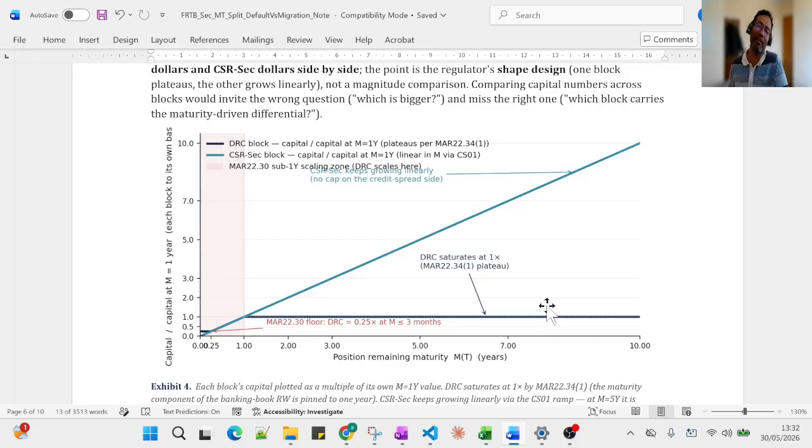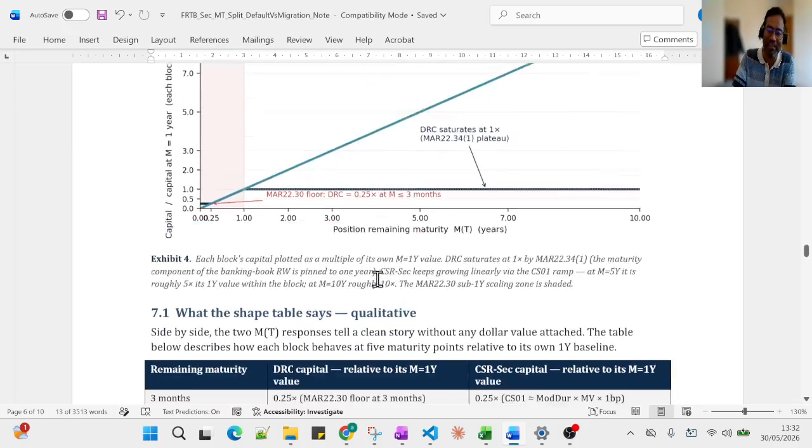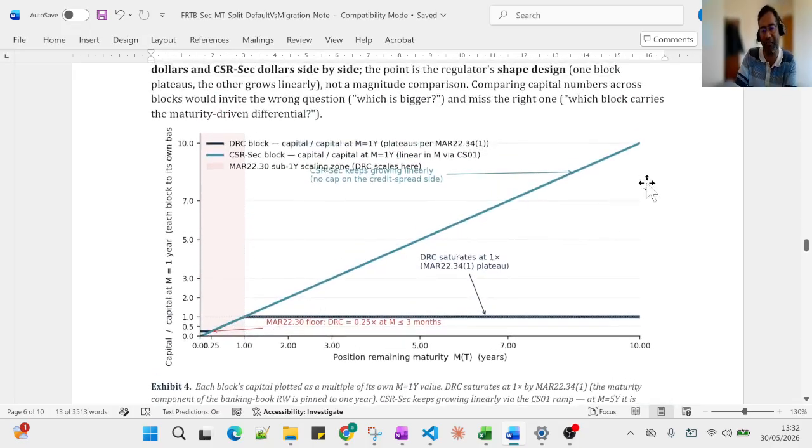Because of the maturity, if it is more than 1 year, 1 year or 5 years or 6 years, if that is the only distinguishing feature between different securities of the same type, same asset class, then DRC is the same. But the CSR is different, right? If you have a security which has a 5 year maturity, then CS01 at 5 years is very high.